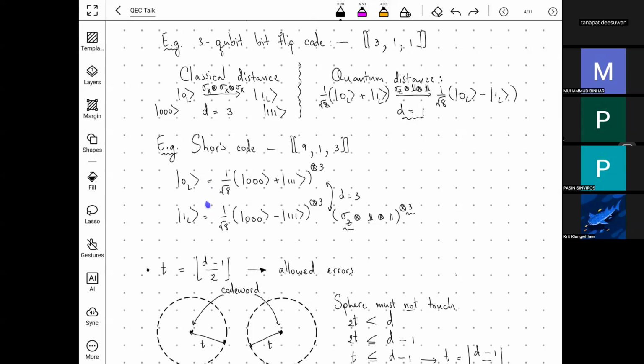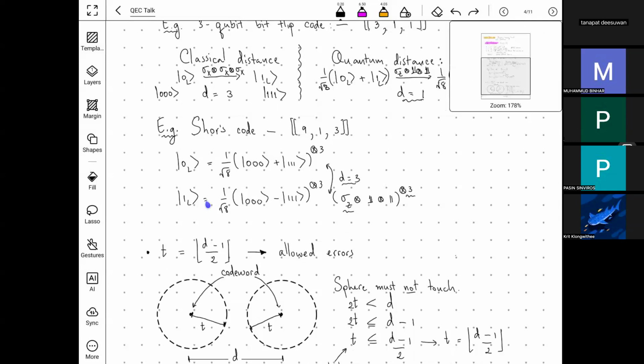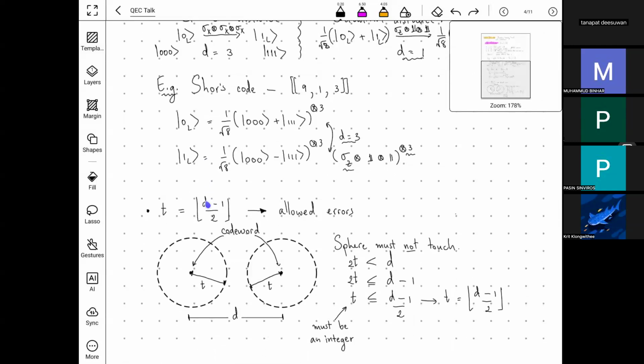Now, the code distance is 3 because the minimal distance between code words or any states that will provide an undetectable error is just 3. This distance of 3 is actually equal to the classical distance because Shor's code can correct any arbitrary type of error, right? And those 3 operations can be done using the Pauli Z matrix thrice, as seen here. I've put the tensor 3 above here.